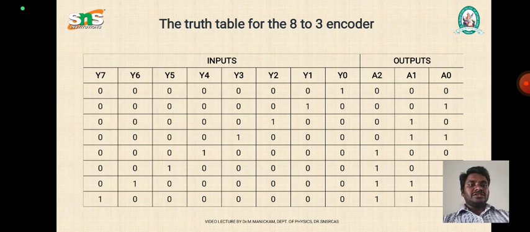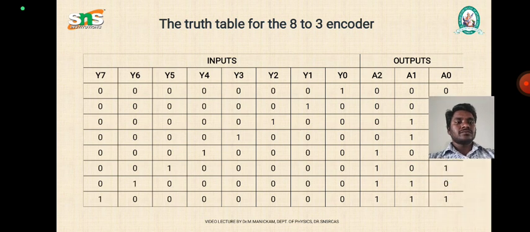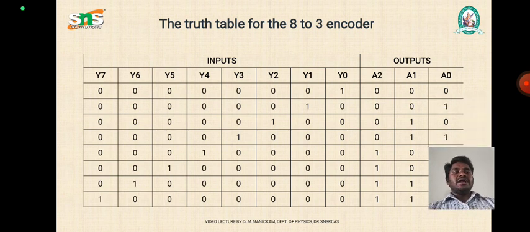If Y3 is 1, then A1 and A0 are 1, and A2 is 0. Likewise, this is the truth table for the respective logic gate diagram. If the Y7 input is 1 and the remaining are 0, all the outputs A0, A1 and A2 will be 1.